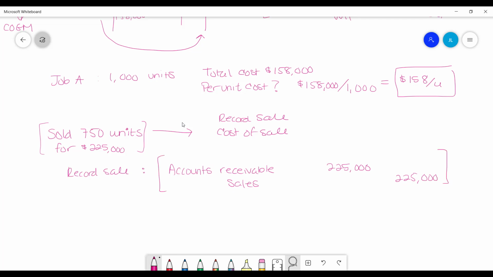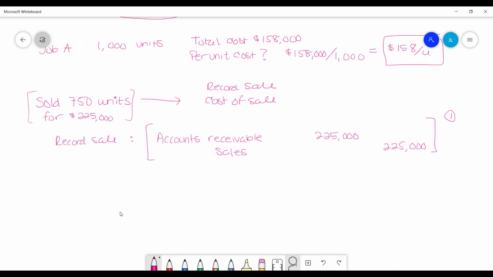But we can't just stop here and call it a day, because that's just entry 1. We also have to record the cost of that sale. So the cost of the sale, how do we do that? Remember, you have to debit the account called cost of goods sold. But how do we know how much to put into cost of goods sold? Well, we sold 750 units. What was the cost per unit? Remember, we found that to be $158 per unit.